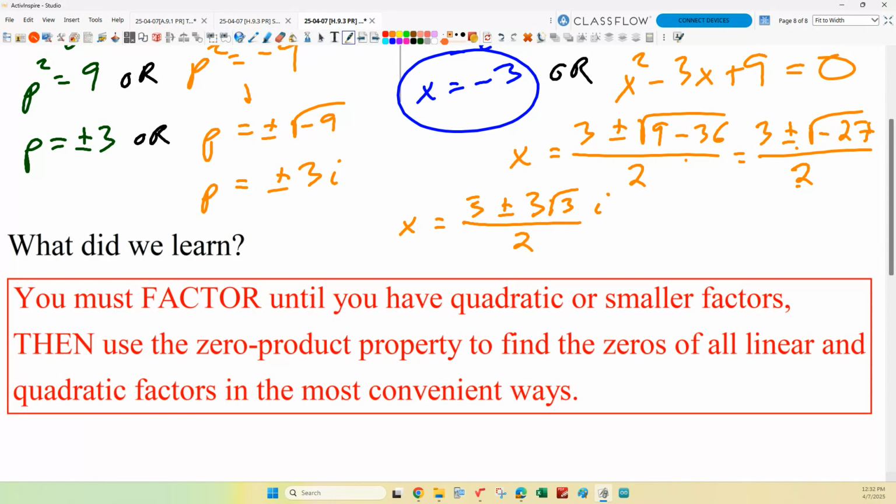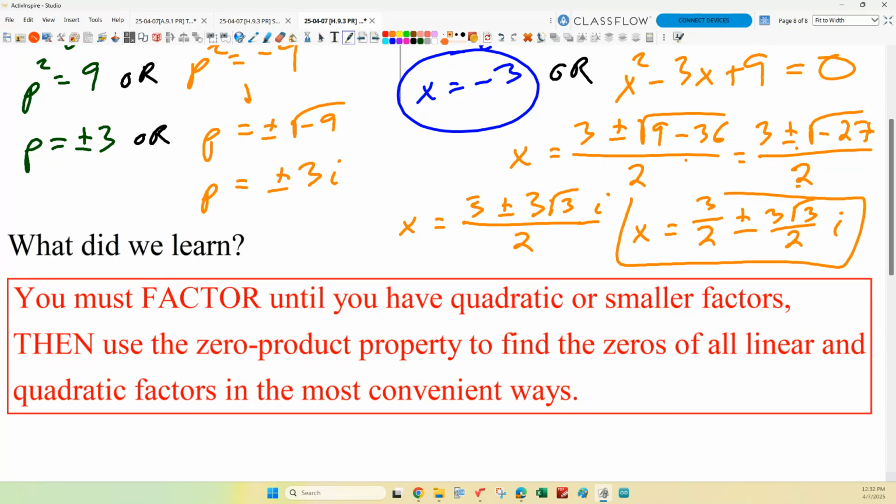Now you could leave it like that, I think, in our assignments, but really it's better to split those up into separate real and imaginary parts. The best way to write this would be x equals 3/2 plus or minus 3 radical 3 over 2 i. And then I get a total of 3 solutions.